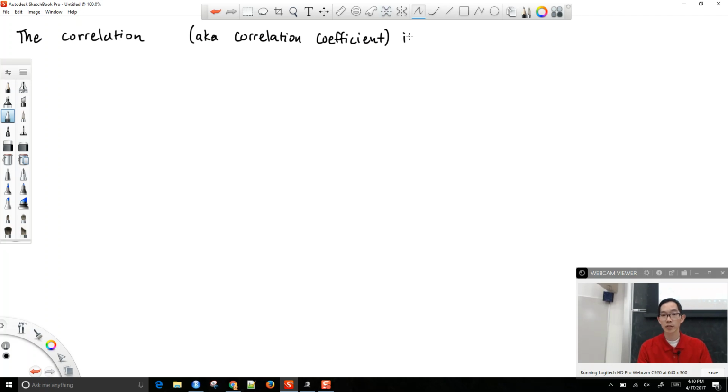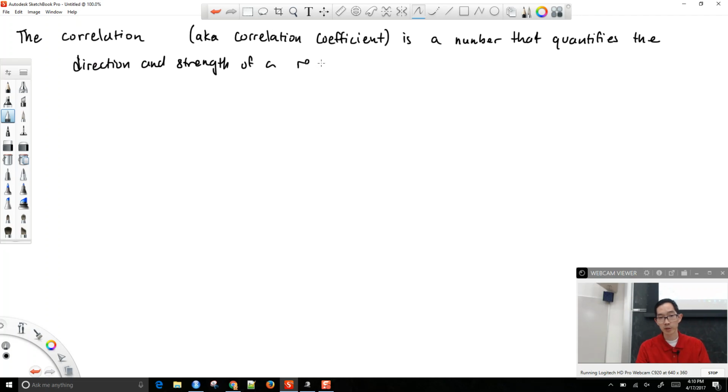It is a number that quantifies the direction and strength of a relationship between two numeric variables.